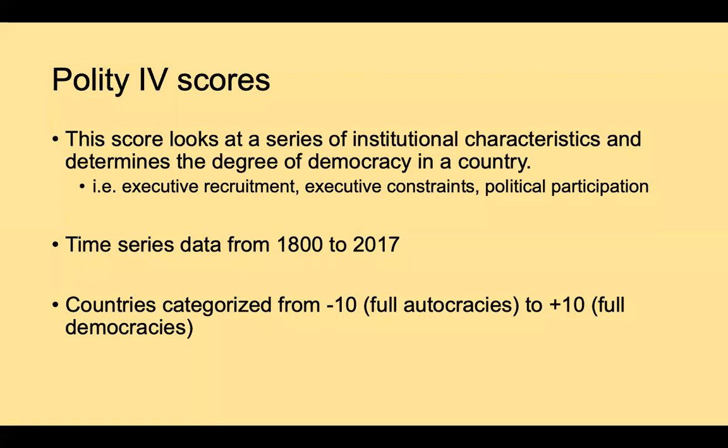In total, the different characteristics that relate to the issues we've discussed with Dahl and the different conditions that go with democracy will contribute to the autocracy score by taking away points, or to the democracy score by adding points. And it's the sum, or the eventual product of all of those that determines what an individual country will get.